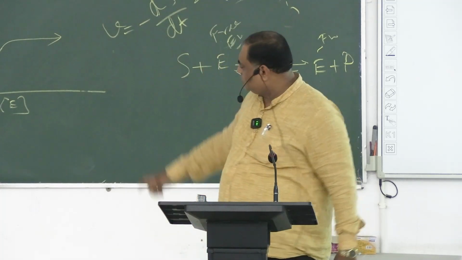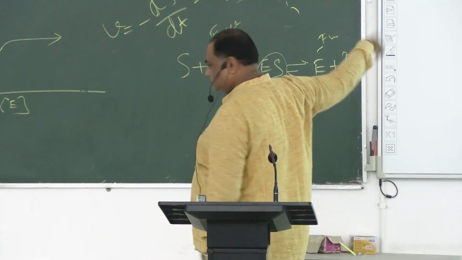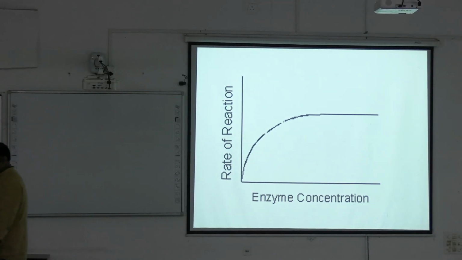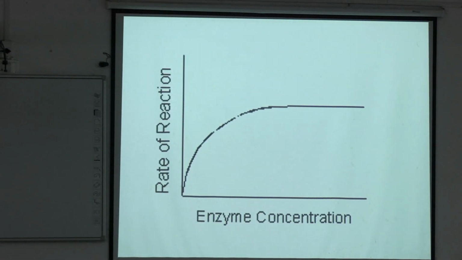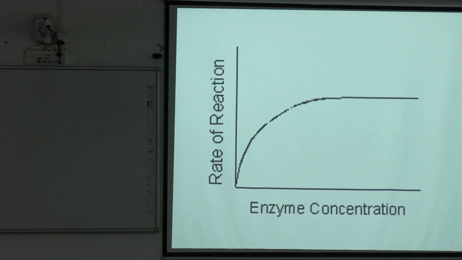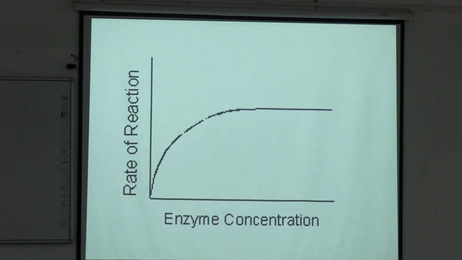In that case, the graph will go on increasing like this. Otherwise, the graph will become parallel after some time. So, you need to explain by drawing this graph and telling where it becomes parallel and why it becomes parallel. That's all for today.